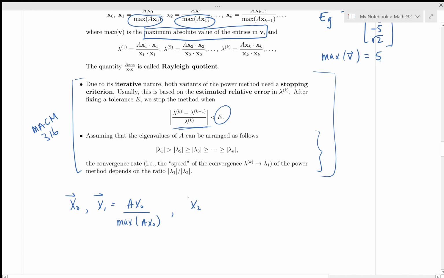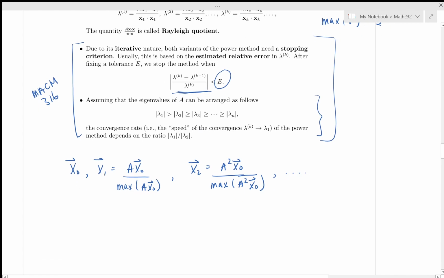And then X2 will be A squared X naught over max A squared X naught, etc. So we keep going like that, and they converge. I'm just going to refer you to page 254 in the Busby textbook. That is where there's a worked out example.